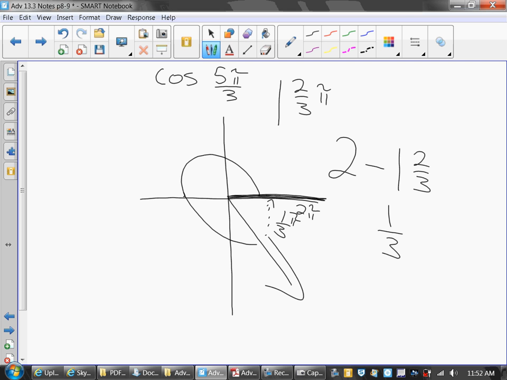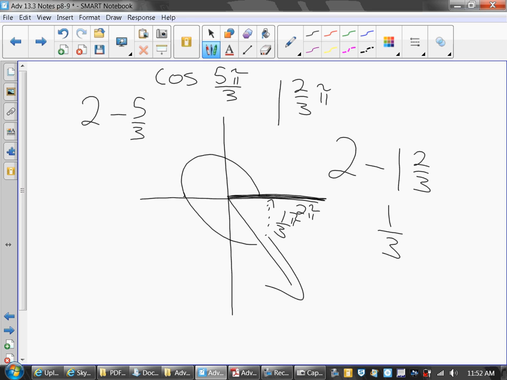If you are in the 4th quadrant, you take 2 minus 5/3 in your calculator, math, enter, enter, slap a pi next to it. There's your reference angle. The calculator will do the work for you if you're having problems with fractions. Why 2? Because I'm in the 4th quadrant. To get the reference angle, it's 2 pi minus theta.